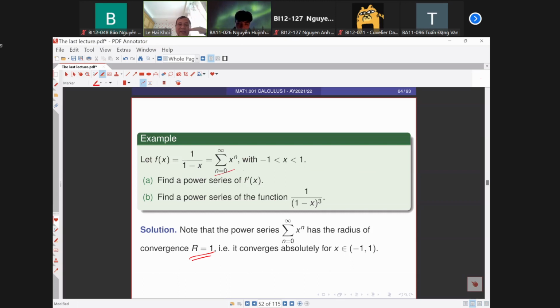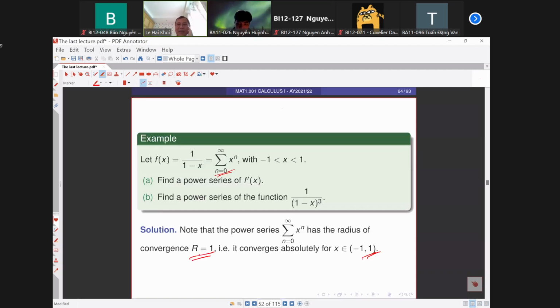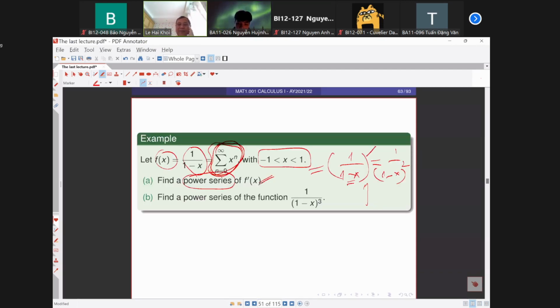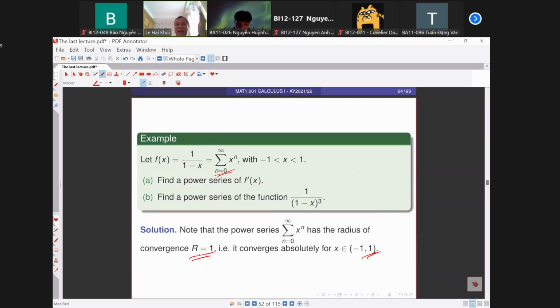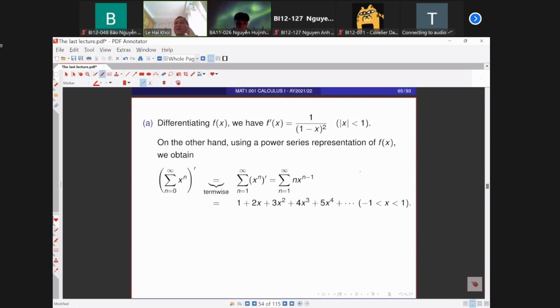So we already have the solution. This series has radius of convergence 1, which means that it holds inside this interval. And then you differentiate. If you differentiate f, you get this one, as I already told you. This is f prime of x, inside minus 1 and 1. But on the other hand, you don't use the sum, you use the power series. Then f prime of x is this sum, taking the differentiation term-wise.